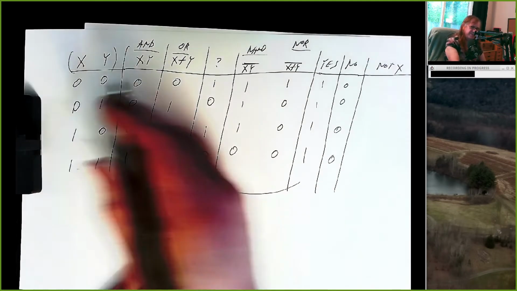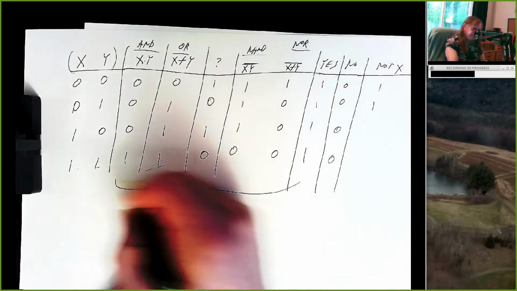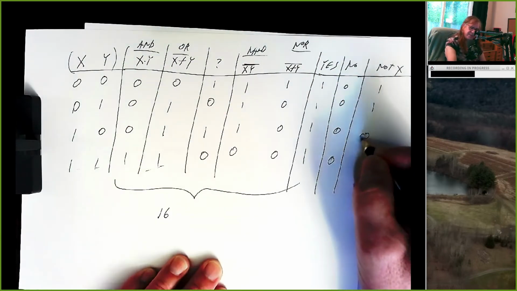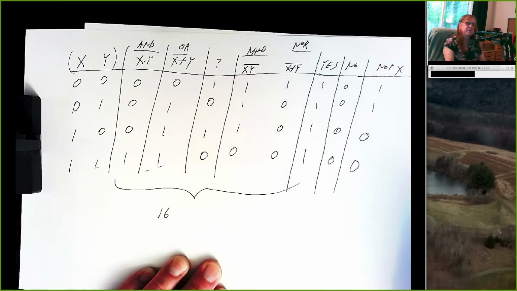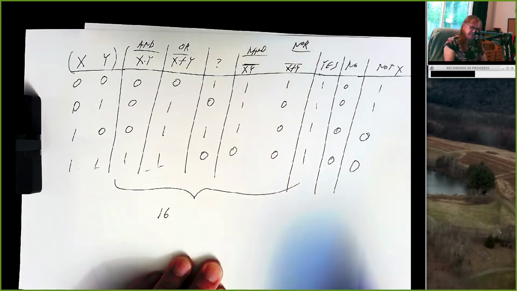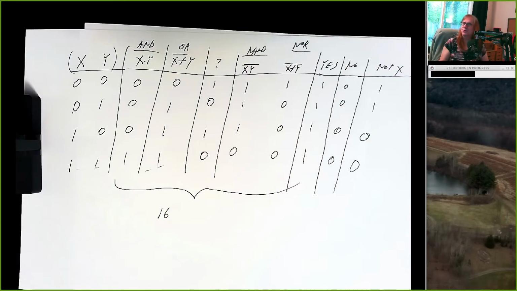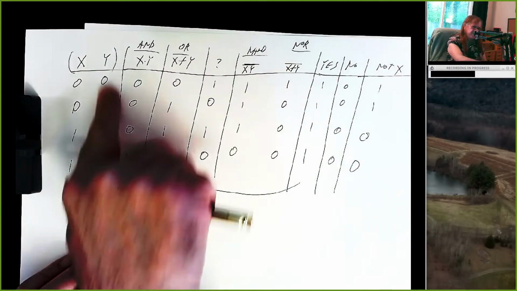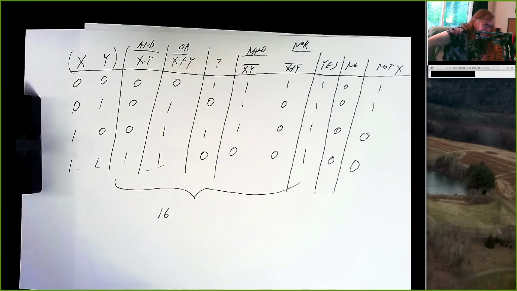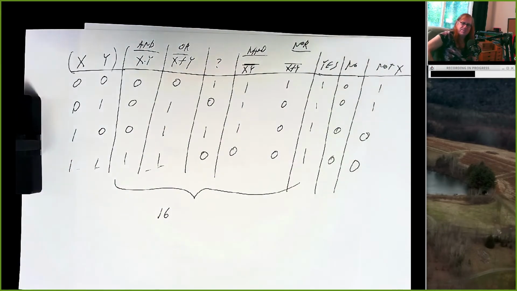So if x is a 0, not x would be a 1. If x is a 1, not x would be a 0. And that's another function. So a total of 16 possible functions we could write. And not x is interesting because it doesn't care what y is. But it's still something we can consider to be a function of x and y.